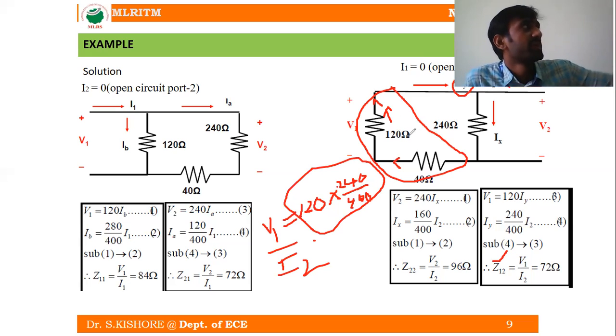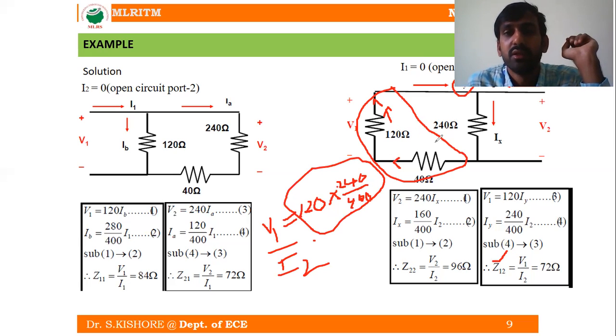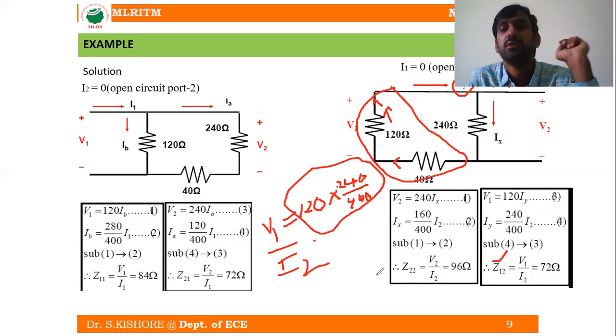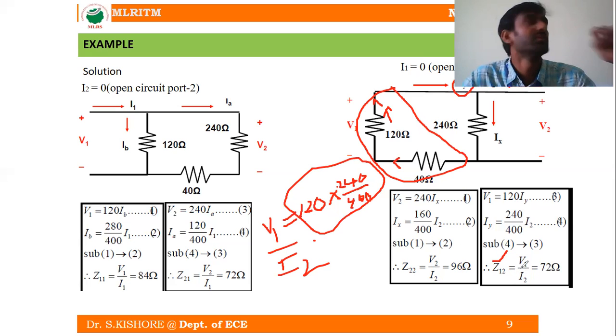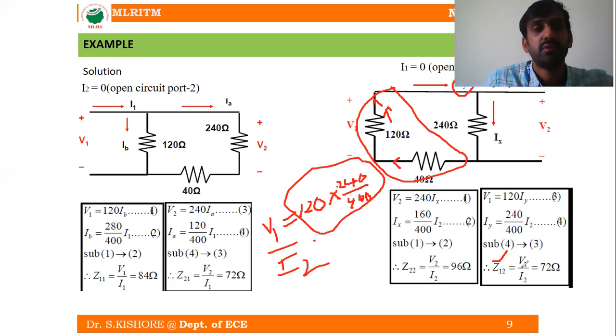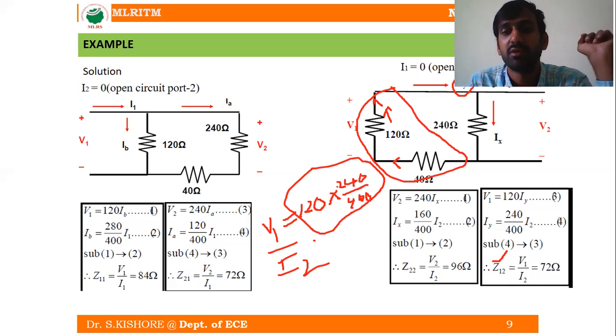So V1 by I2 is equal to Z12, which is equal to 120 into 240 divided by 400, which is equal to 72 ohms.